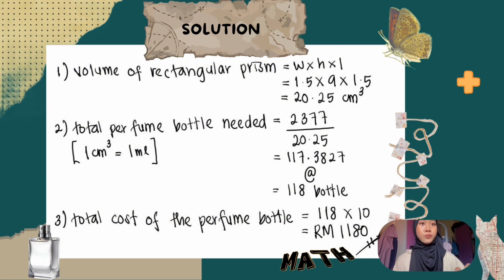As we know, 1 cm³ equals 1 milliliter. Next, we can find the total cost of the perfume bottles, which is 118 multiplied by 10 ringgit. And then we got the answer 1,118 ringgit.